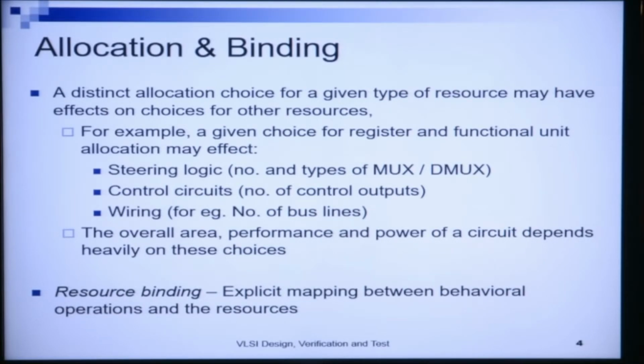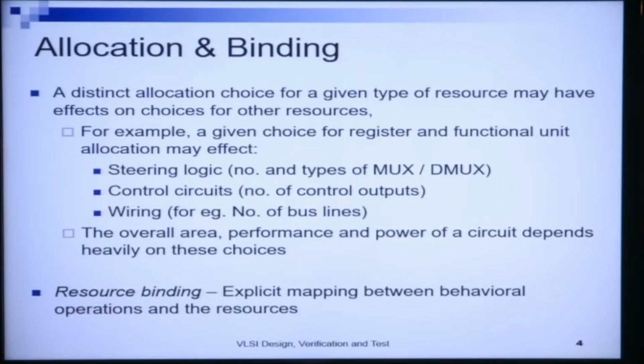For example, the number of control outputs that you will produce will depend on the types and numbers of muxes and demuxes. Let us say the select inputs of the muxes and demuxes are controlled by these controllers. So, when the numbers and types of muxes and demuxes change, the number of outputs that the control unit will have to produce at each time step will also vary. So, the register and functional unit allocation step will also determine the complexity of the control circuit.